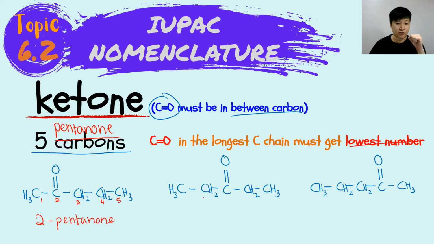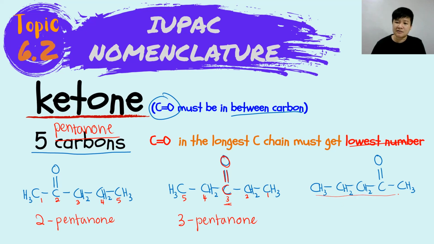Moving to the second structure, the C double bond O is in the center, and counting from the left or from the right gives the same position: 1, 2, 3, 4, 5. So this will be named 3-pentanone, because the C double bond O is located at carbon number 3.